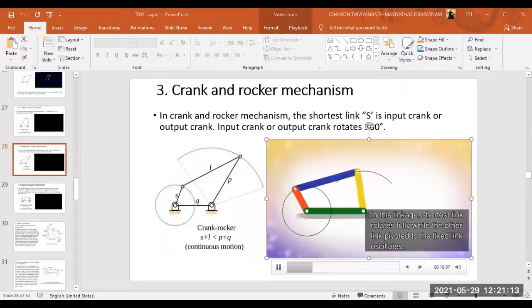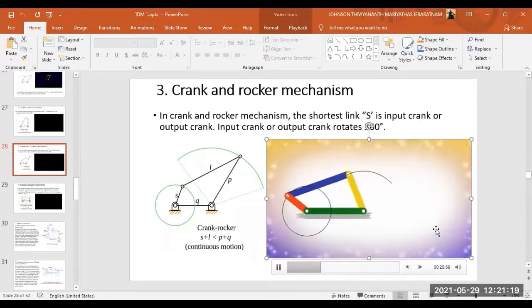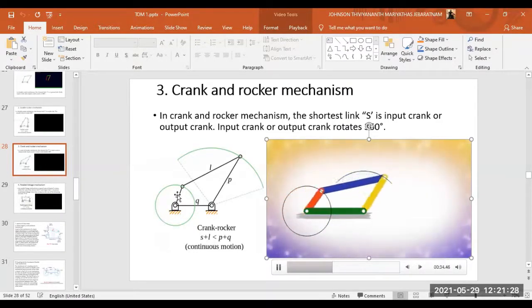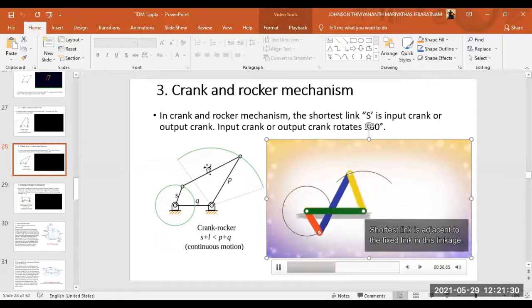For that, the condition is S plus L is less than P plus Q. Right? The shortest link rotates fully, while the other one rocks. So S is the shortest, L is the longest. It should be less than P plus Q.